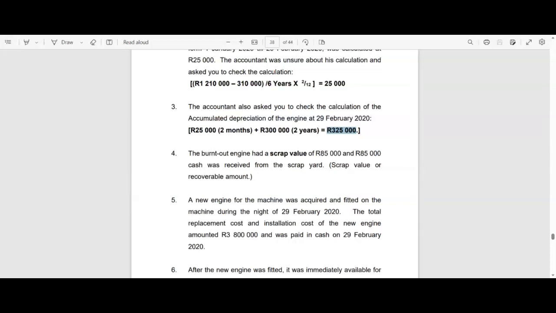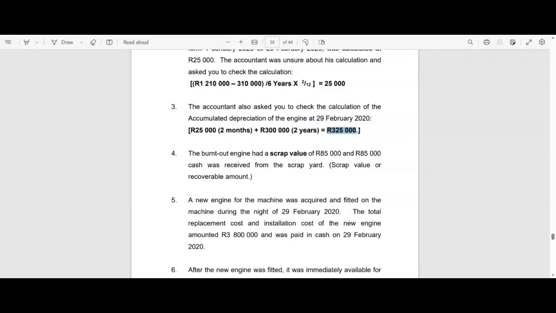Now, what is that impairment loss amount, ladies and gentlemen? If you can type that for us. What is the amount of the impairment loss? 800,000. Thank you, Kusle. Thank you, Aneswa. Thank you, Enrique. Thank you, Aviwe. Thank you, Mr. Tole. Thank you all.